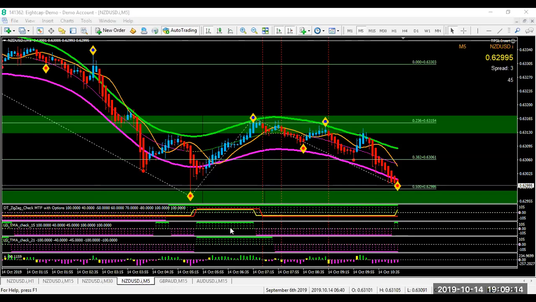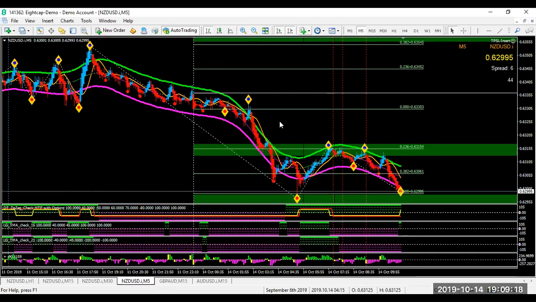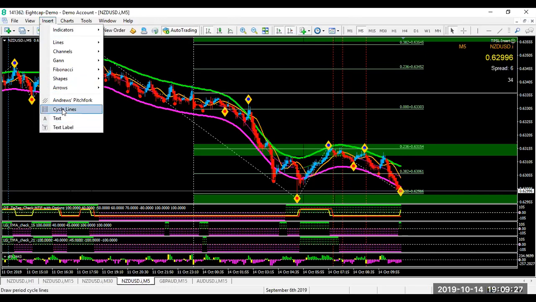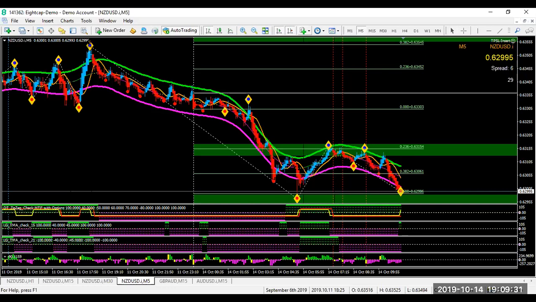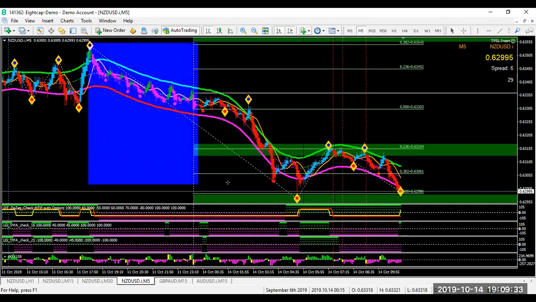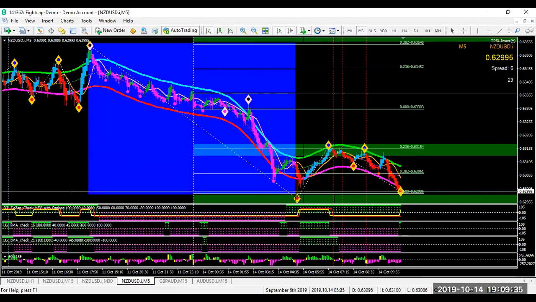Okay, and as well as that, okay, so over here in this area here, we can see that there's no vertical red line, but clearly price wants to go down.